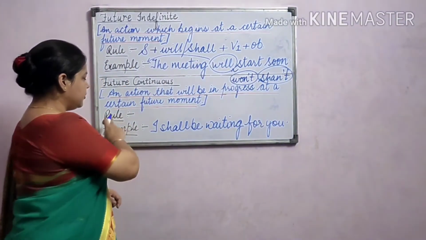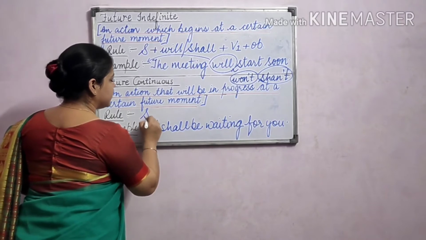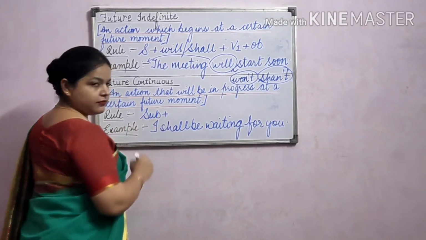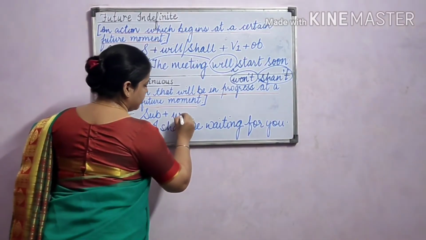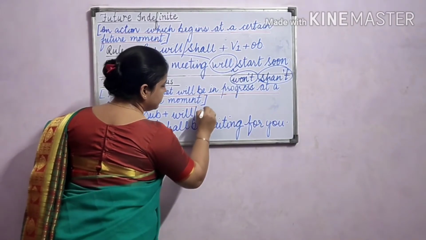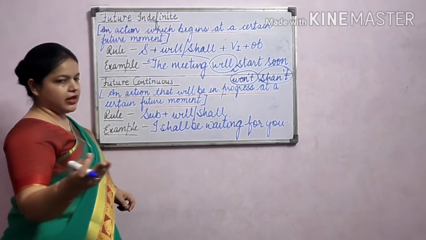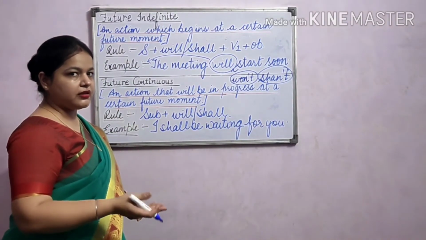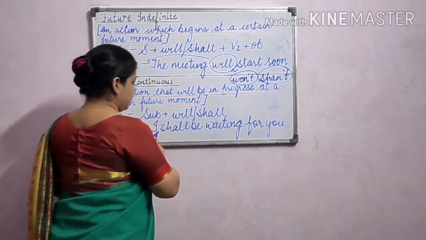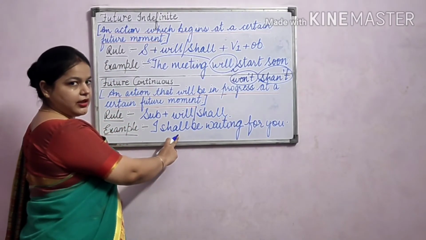Okay. What the rule says: first of all, the subject will be there. Then will or shall, it's optional. Selection will be according to the subject. I have already explained it to you, I'm not going to do it again. So with I have written shall, as you can see.